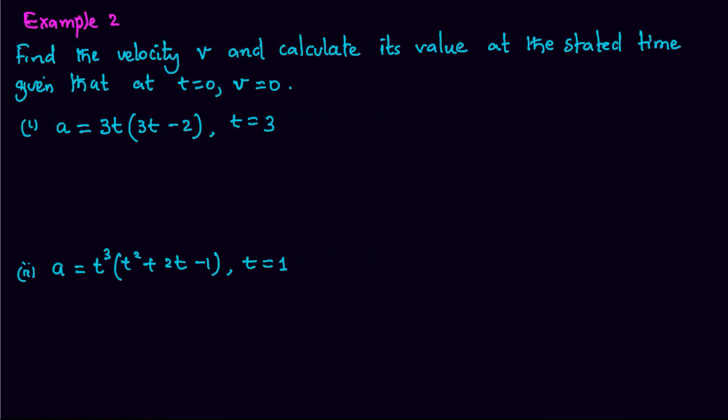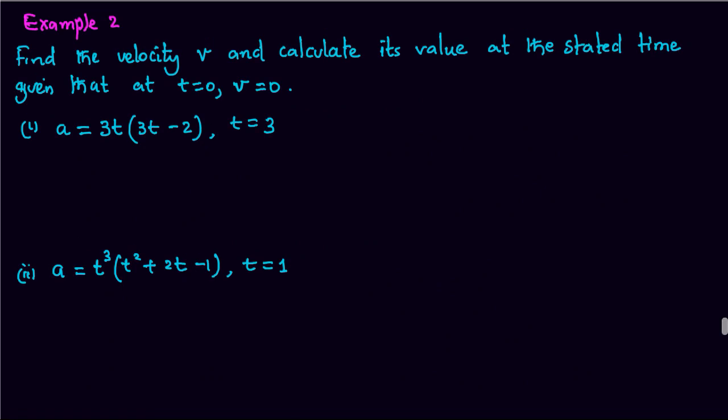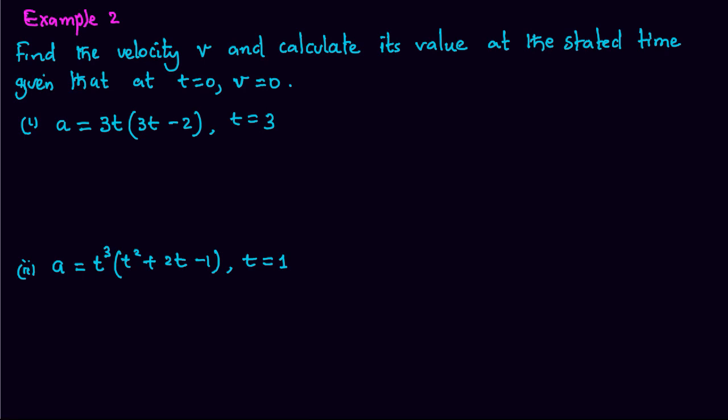In example 2, we want to apply the second case where we found that dv over dt is equal to a. So the question is, find the velocity v and calculate its value at the stated time, given that at t is equal to 0, v is equal to 0.